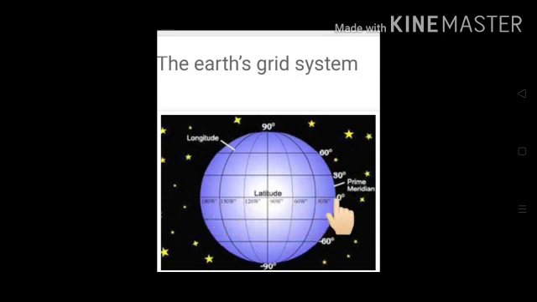Horizontal lines are called latitudes and vertical lines are called longitudes. Now these latitudes and longitudes together form a grid which covers the entire earth children. This crisscross of latitude and longitude is called grid system. It is Earth's grid system children.